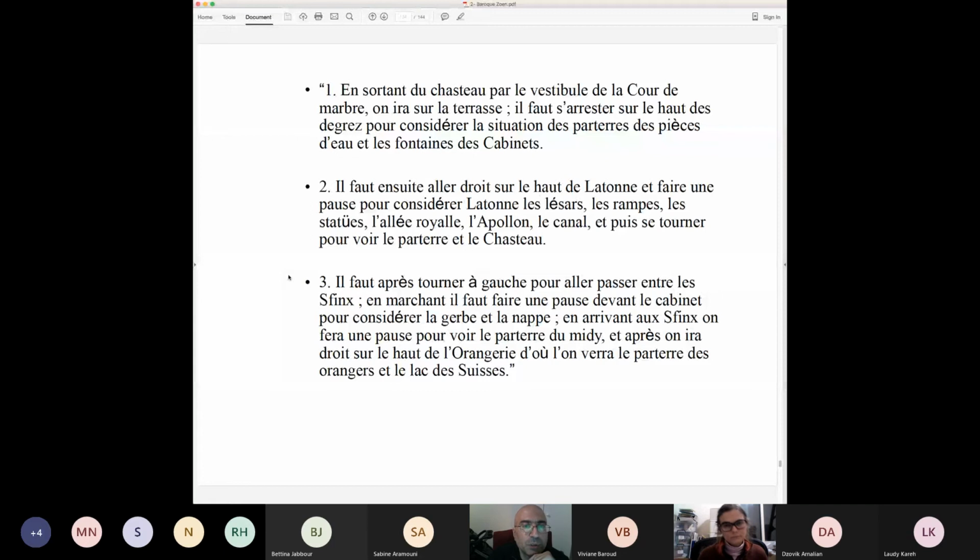En sortant du château par le vestibule de la cour de marbre, on ira sur la terrasse. While leaving the castle, we will go to the terrace, or they, or the thing that are walking, which is humans that are walking, will go to the terrace. Reminds me of Silence of the Lambs.